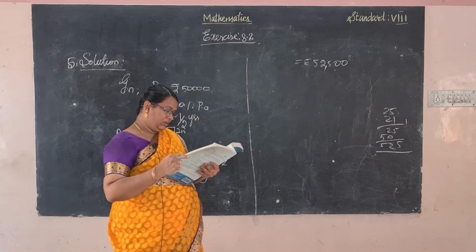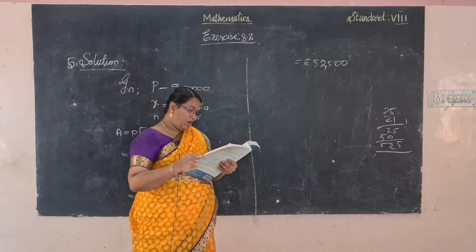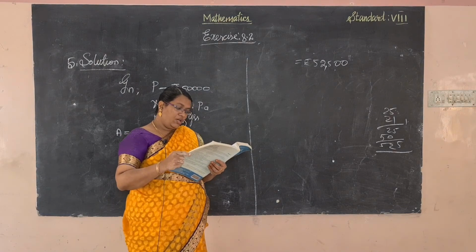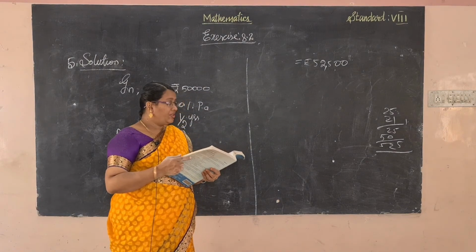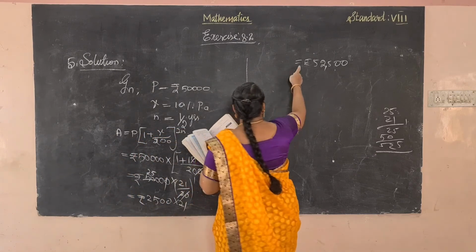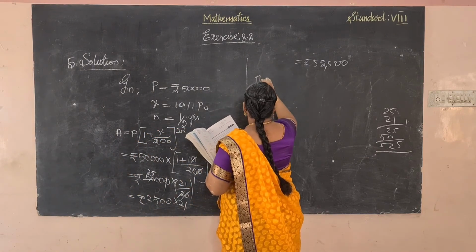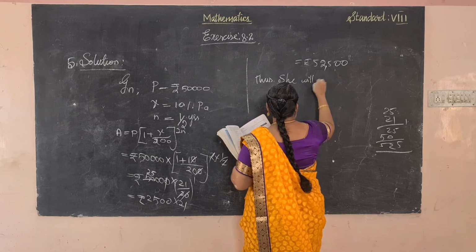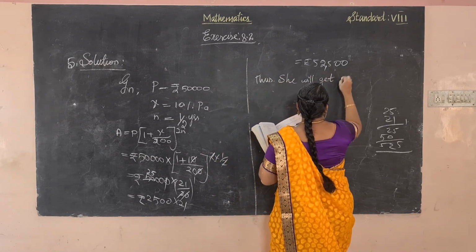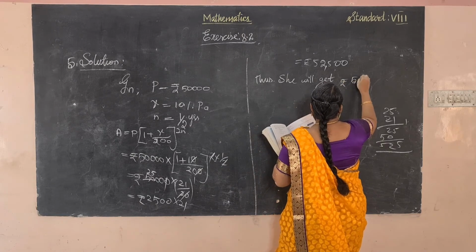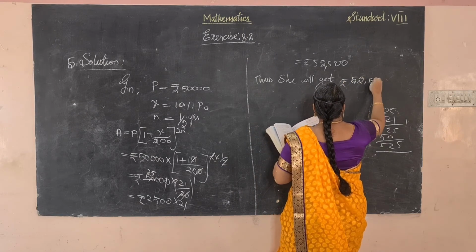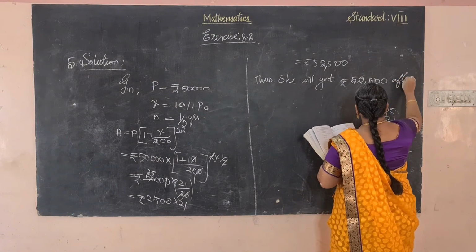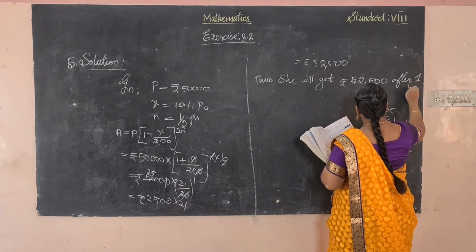If the interest is calculated half yearly, what amount will she get after 1 year? Thus she will get rupees 52,500 after 1 year.